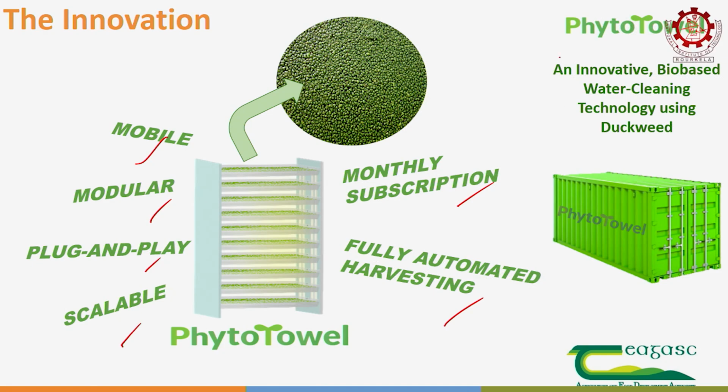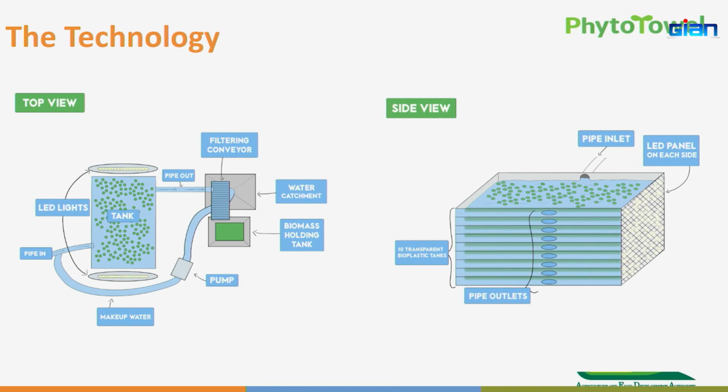I'll quickly go through this so that it will give you a clear idea of what I intend to say here. So this is your whole light system, pipe, filtering conveyor, water catchment, biomass holding tank and pipe in, pipe out.